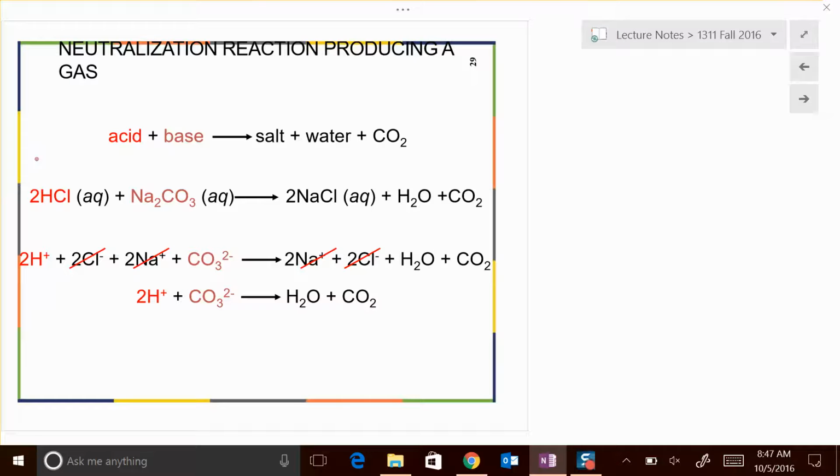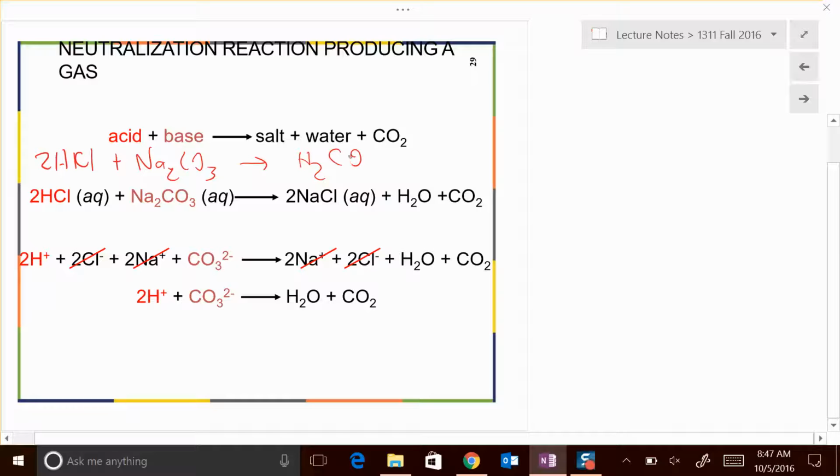This would first go from 2 HCl plus Na2CO3 to become H2CO3, carbonic acid, plus sodium chloride.